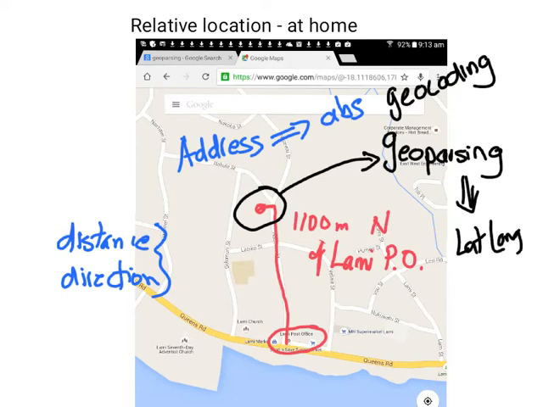Or we have an address, our GIS system then can convert that to an absolute location using a process of geocoding. These are just some examples of how we have a relative location, but as we saw from the previous slide, in geospatial information systems, the best way to store our location is in absolute terms.